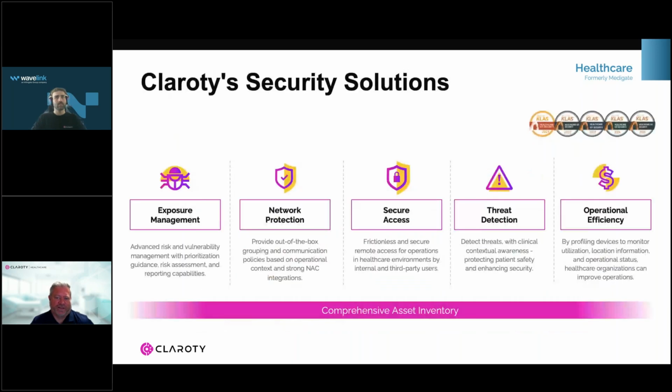So the 5 key tenets that we look at from a clarity standpoint are really, again, exposure management. So prioritization, risk assessment, and really good reporting capabilities that can be used for compliance regulations. Network protection. So out of the box, we look at what the assets are doing from a communication standpoint. Who are they talking to? What are they talking to? And from there, there's 2 things that come out of it.